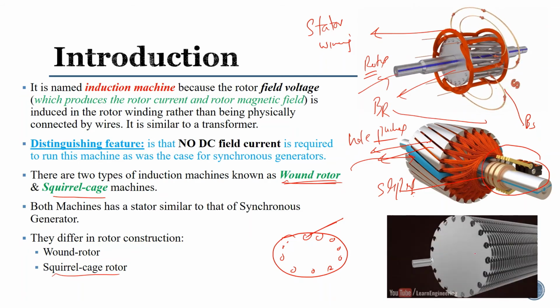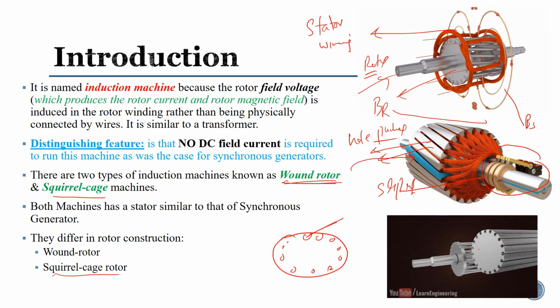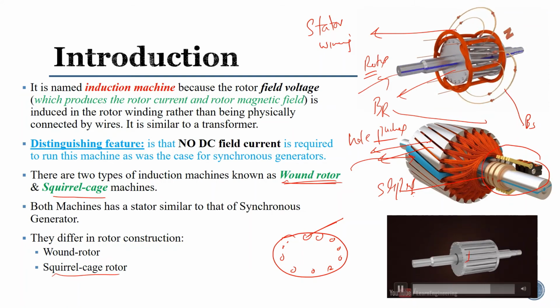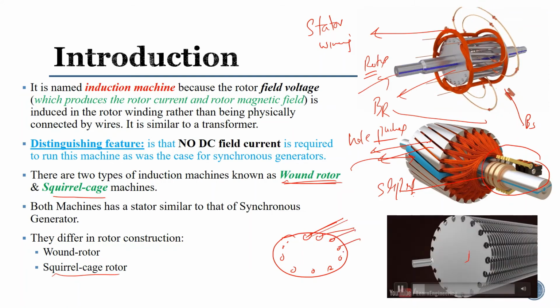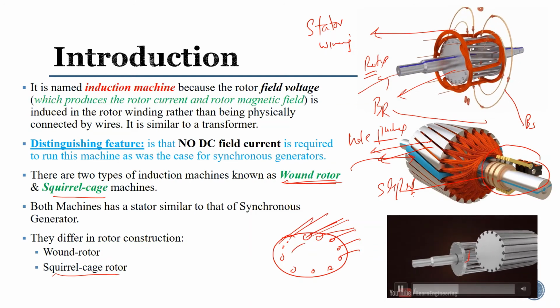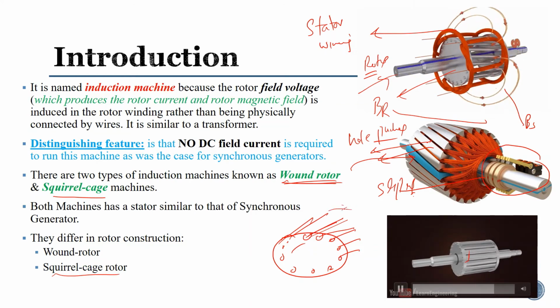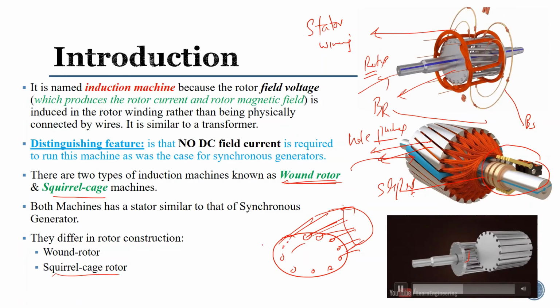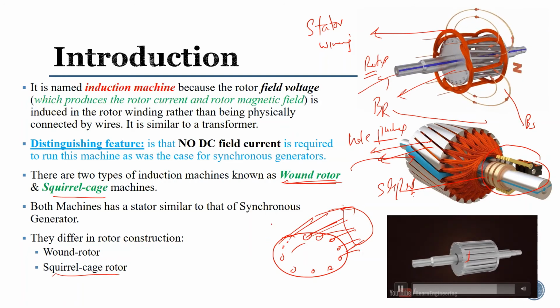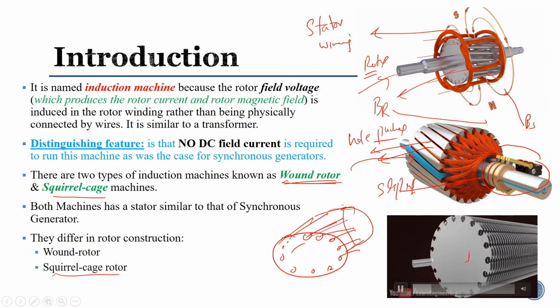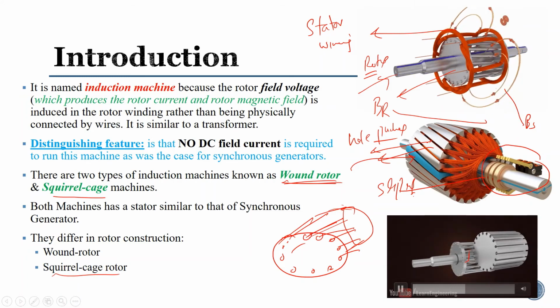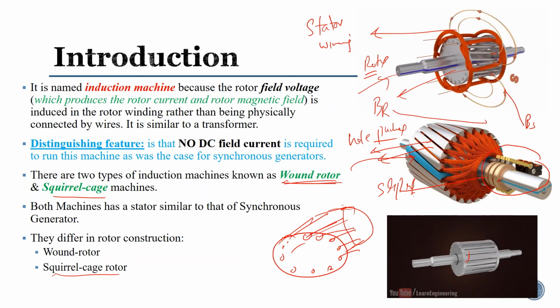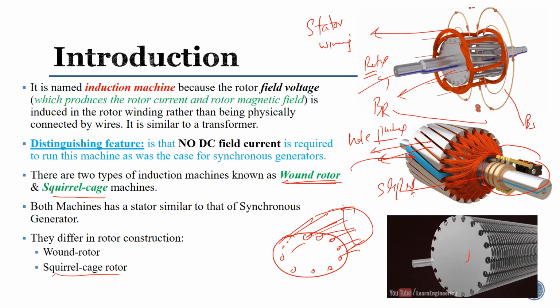These are the rods, and at both sides the rods are short circuited. This structure is similar to the armature winding we use to start synchronous motors. This is called the squirrel cage rotor.